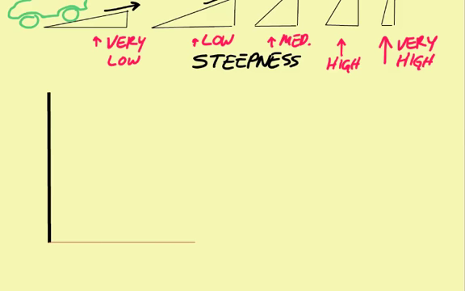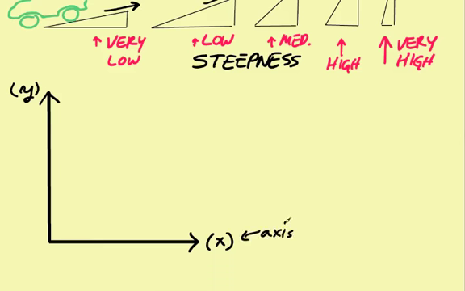Of course we need to draw some arrows. Always label our arrows. Axes is what they're really called. So this is one axis, and this would be the other.